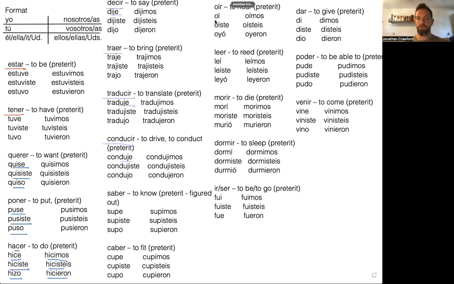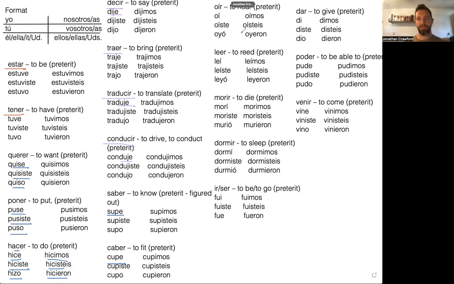Yo supe, or I fit, yo cupe. See how they both have like a UP thing going on here. So supe, supiste, cupe, cupiste. So these ones are all kind of similar.